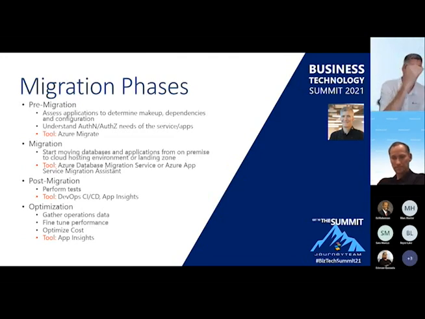It'll actually tell you which pieces aren't supported, and then it might suggest that you migrate to either a VM, SQL Azure, or a step up from that is a managed instance of SQL Azure, so that it's a full-on SQL Server, but they handle all of the updates and packages and stuff like that.